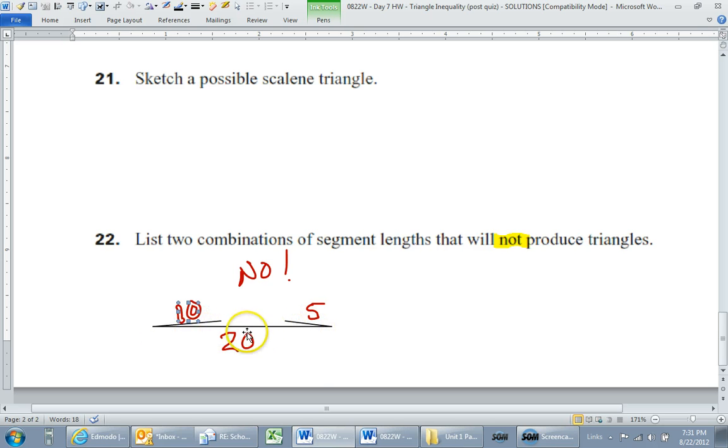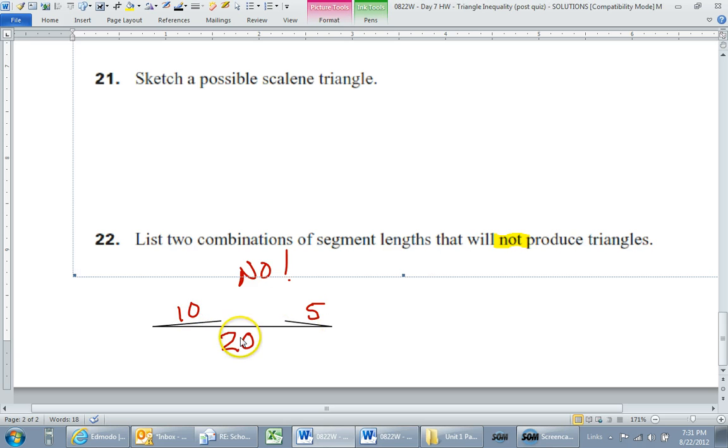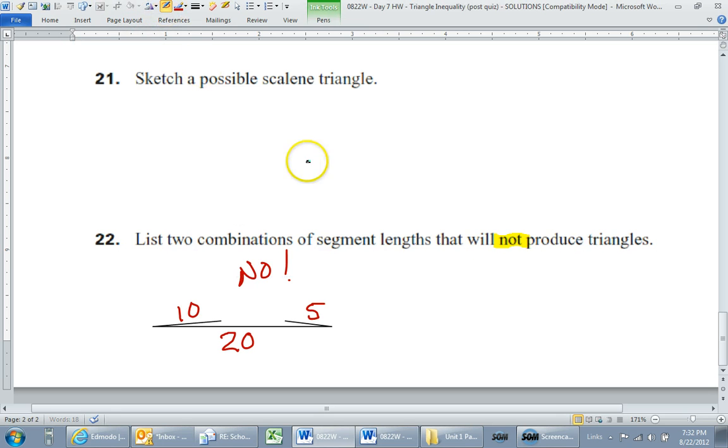There's no way they're going to meet when the distance between them is 20. They just won't reach. So that would be a no. So that would be one answer to the question. List two combinations. So one answer to the question would be 20, 10, and 5. But there are infinite answers to this question.